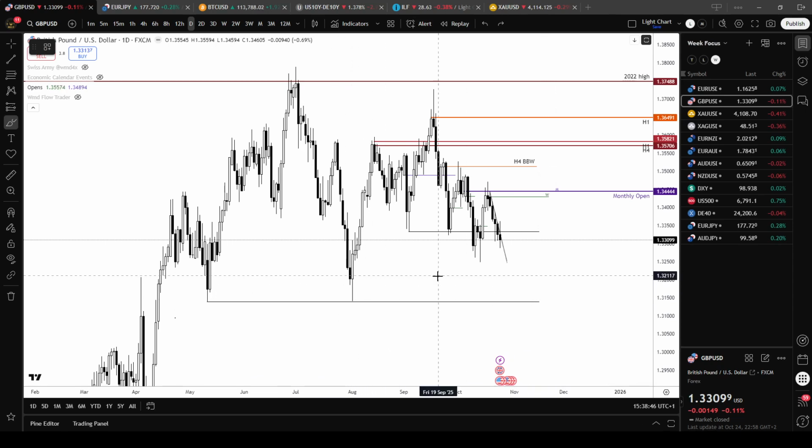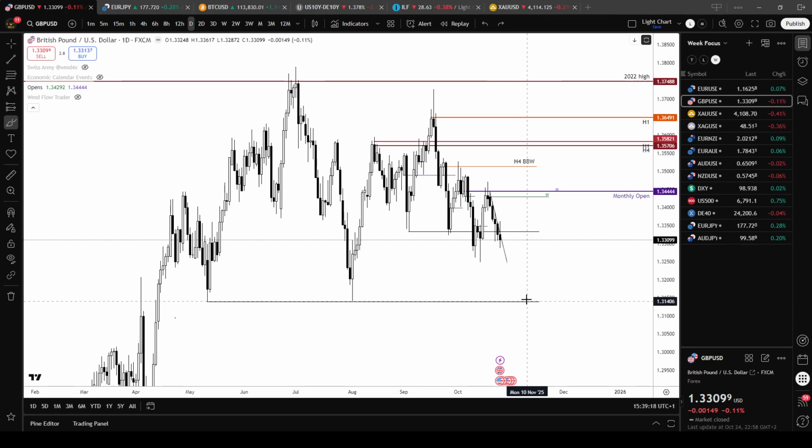Okay, because you can bet your house that a lot of people are seeing this and saying, well, if price comes down here, probably wicks this, closes above, boom, go long. Okay, you can make money trading the longs from here. I don't say it's a buy trade, but what if instead of saying that logic, you say, well, price is going there because a lot of people want to buy here.